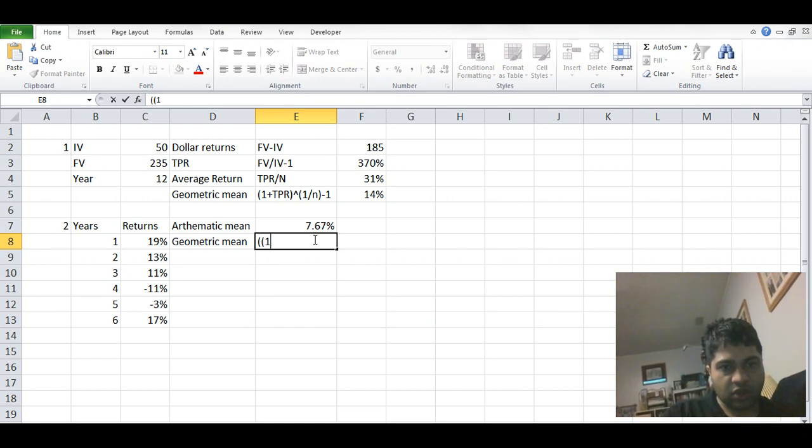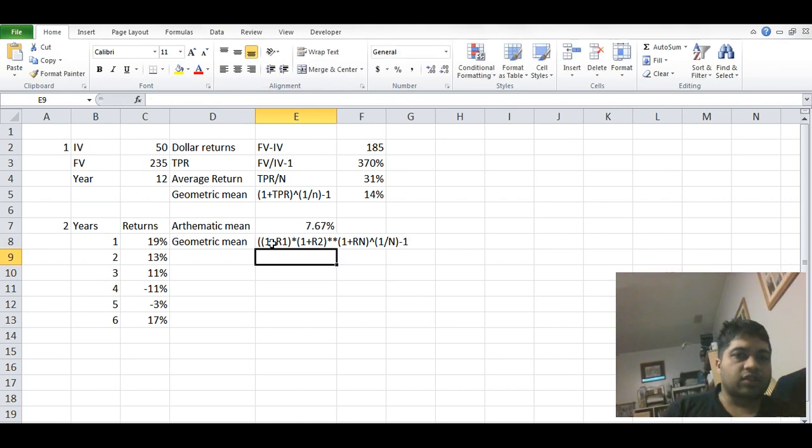So it is 1 plus R1, where R symbolizes return, so 1 plus return in year 1, multiplied by 1 plus R2, multiplied by and so on till 1 plus Rn, to the power 1 by n, minus 1.